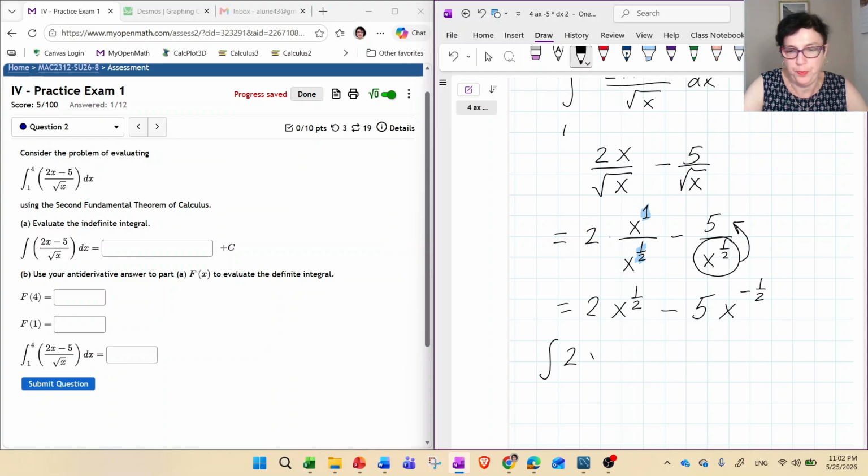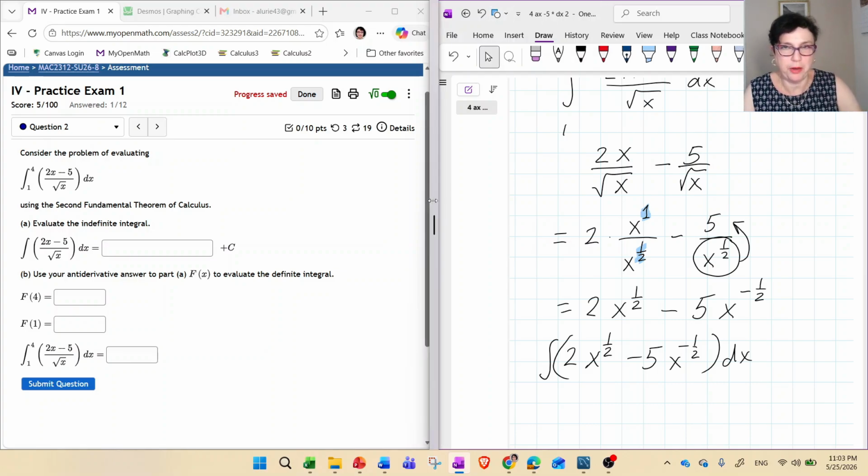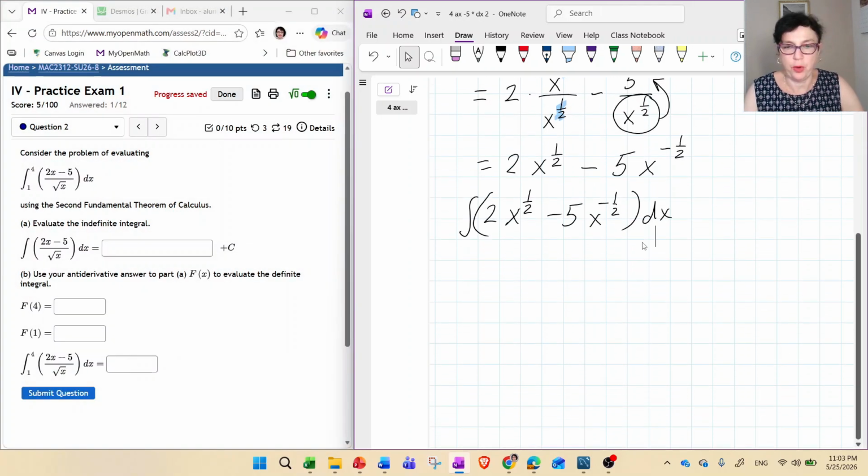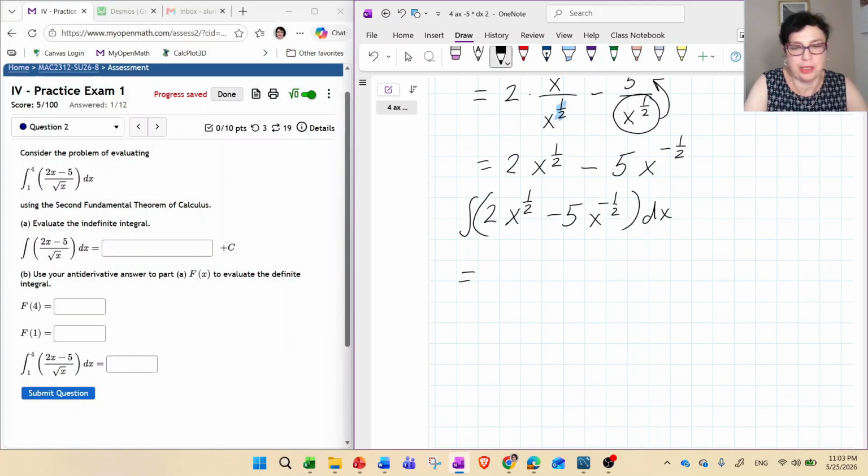I've got 2 x to the power 1/2 minus 5 x to the power negative 1/2. How do I integrate that? Well, I just integrate using the power rule, and I remember that anytime I have a constant, I just keep it because it's a constant multiple. So I'll take 2, then I will have x to what power? Take 1/2, add 1.